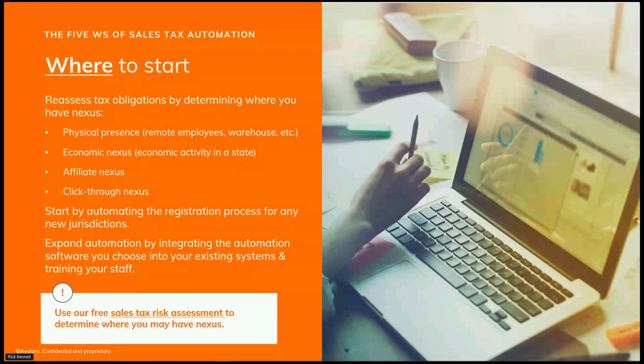You can always go to Avalara's website. At the top of the website, it says resources, and right from there, there's a free economic risk assessment. It's for monitoring your economic exposure. You plug in some basic information, and you'll get a nice PDF report at the end that will tell you what your economic exposure could be.